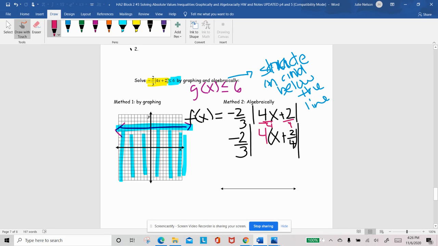Now again, I can't have this 4 inside, so I'm going to take the absolute value of it and stick it on the outside. So I still have a negative 2/3 on the outside, but the absolute value of 4 is 4. And I'm going to go ahead and reduce that 2 over 4 to 1/2.